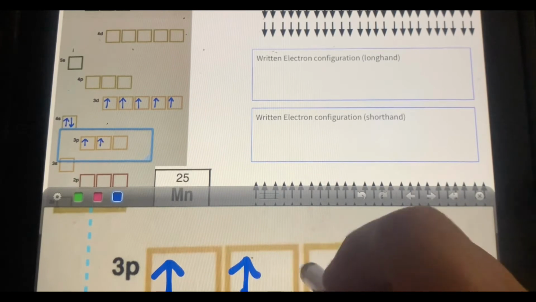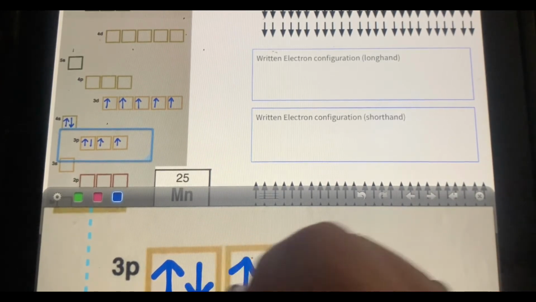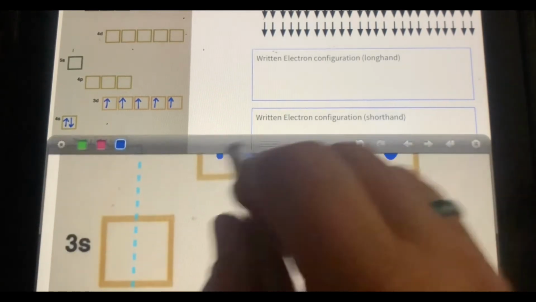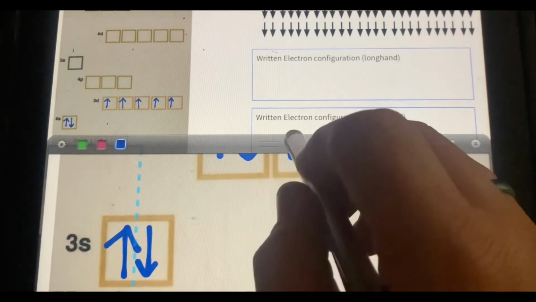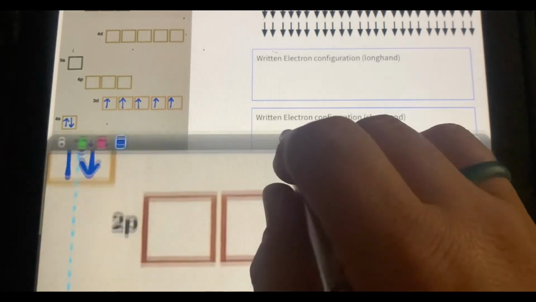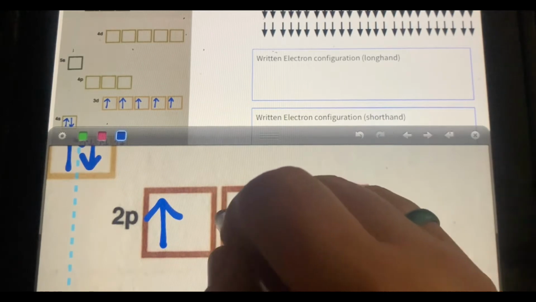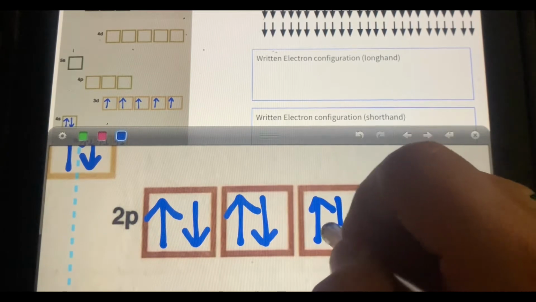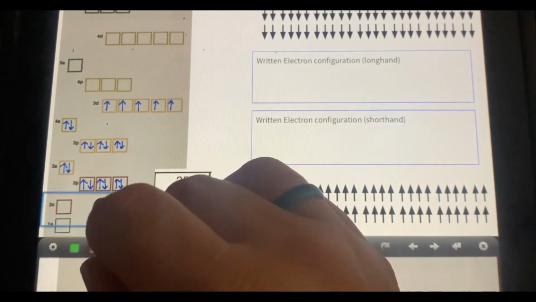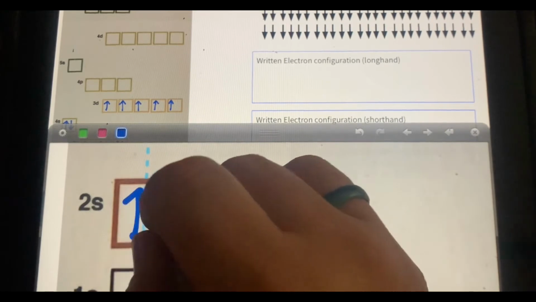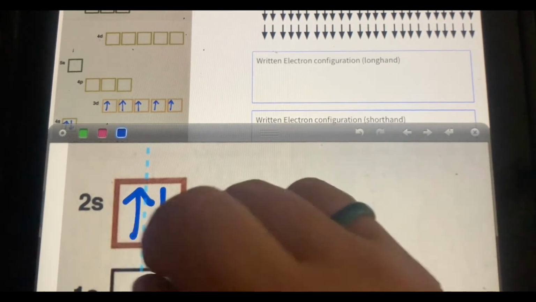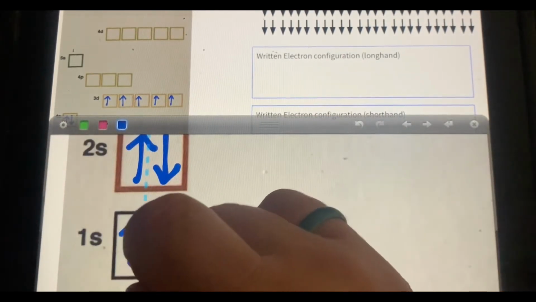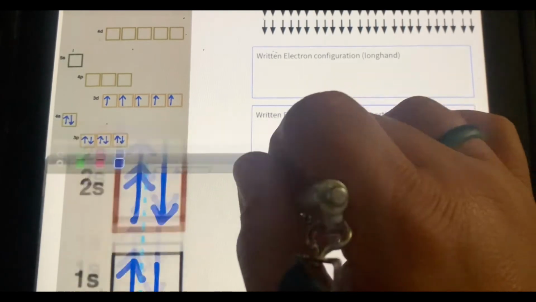Okay, up, up, up, then back to the front, down, down, down. And technically I should be doing the Aufbau principle, which says I build up, which means I actually start at row 1. But again, for a lot of students, we do the end in mind, because by doing the end in mind, it kind of helps you figure out where you need to go. And then up and down.